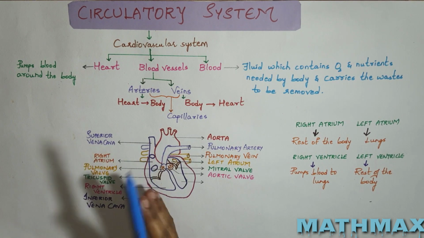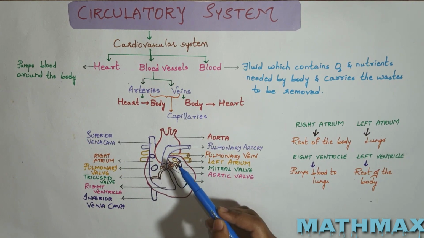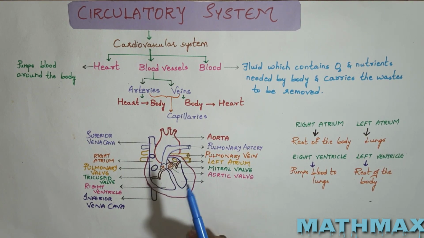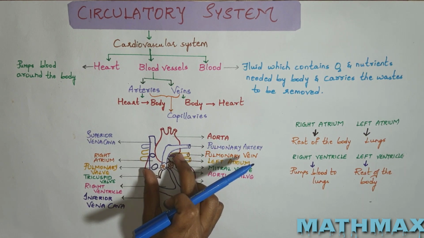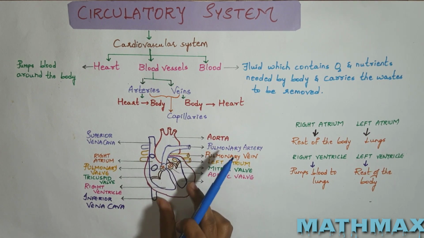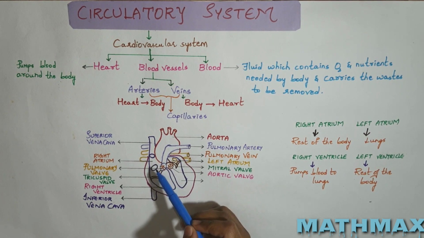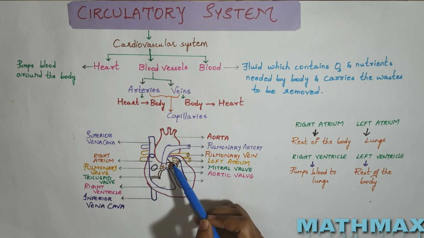The heart has two sides, the right side and the left side. The right side has two chambers, and the left side has two chambers. The two chambers present anteriorly are known as the atria. The two chambers present posteriorly are known as the ventricles. Atria receive blood from different sources.